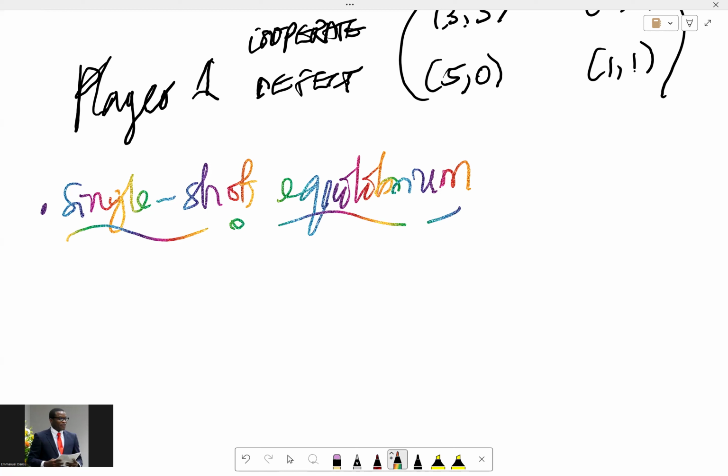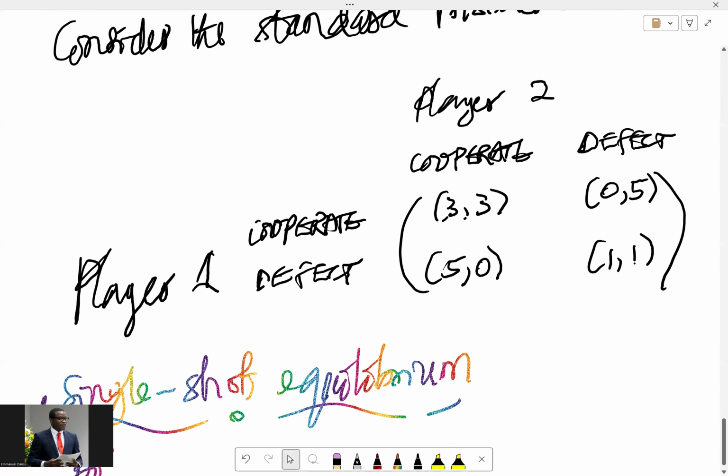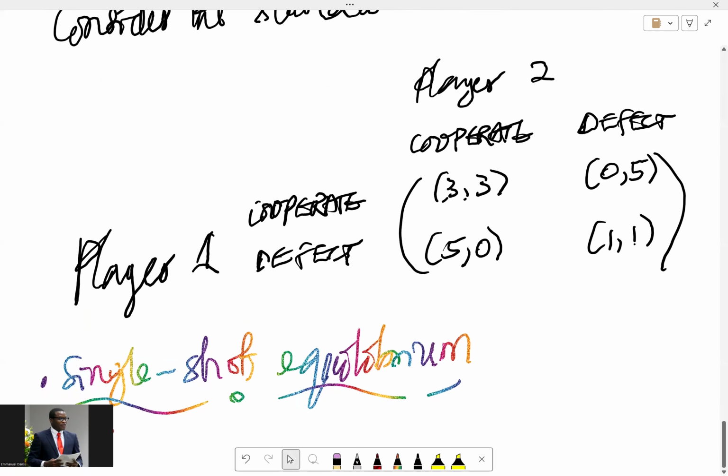For the single shot equilibrium, we know both players defect. We can run through that easily, right? If we want to consider player one, what is the best pair for player one, whatever player two does?